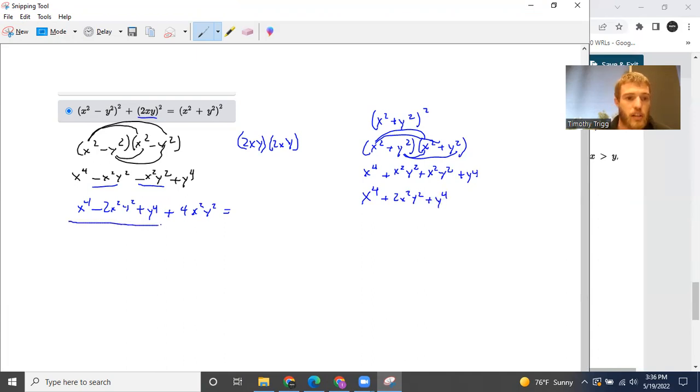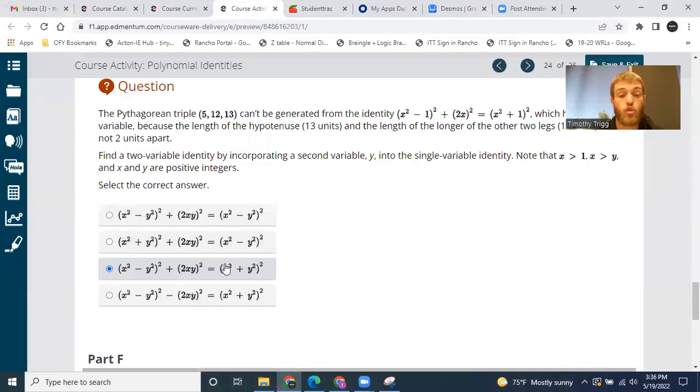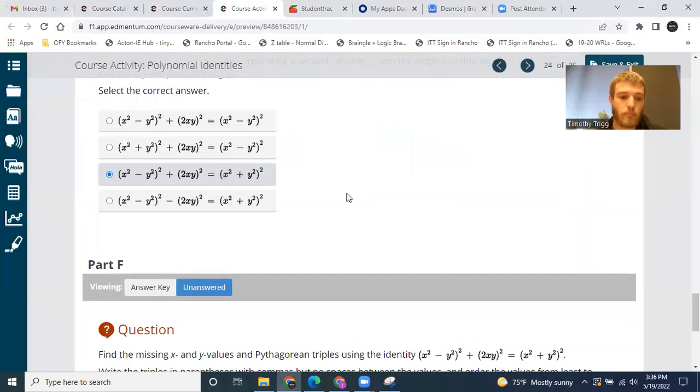And you see that matches the left side too, because you can combine this 4x squared y squared with this negative 2x squared y squared, which gives us x to the fourth plus 2x squared y squared plus a y to the fourth. And you can see it matches this right side. So because the sides match, we know that this holds true for the Pythagorean triple.